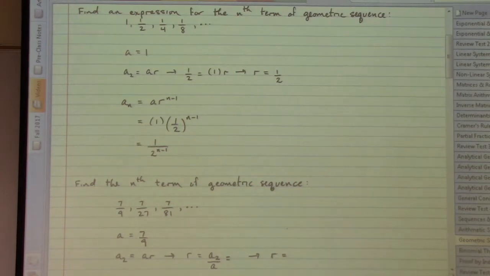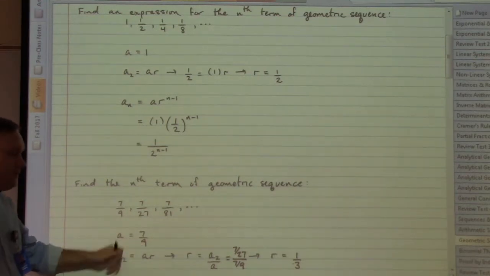So in this particular case, that means that we've got a 7 over 27 being divided by a 7 over 9. And so we come up with a common ratio of 1/3.